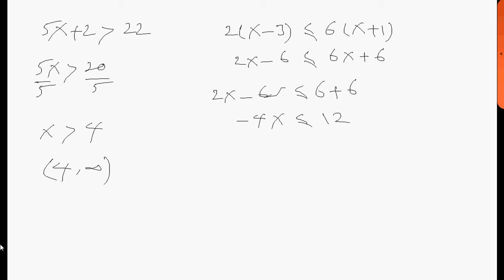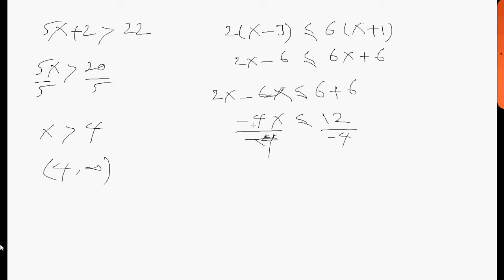Okay, at this point I have to divide both sides by negative 4. And since negative 4 is a negative number, I have to change the direction of the inequality.